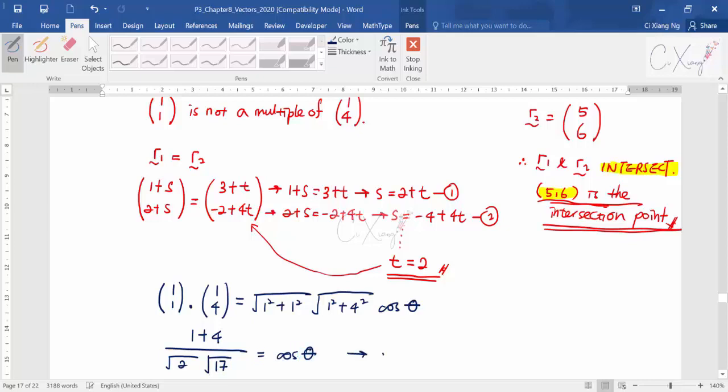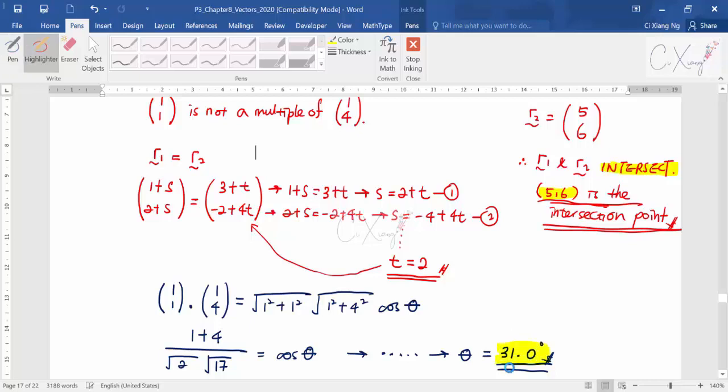If you continue from here, eventually your theta should be equal to 31.0 degrees. They are asking for the acute angle, so if you get any negative value here, you just ignore it and change it to positive to get the acute angle. So 31 will be the angle between the two lines.